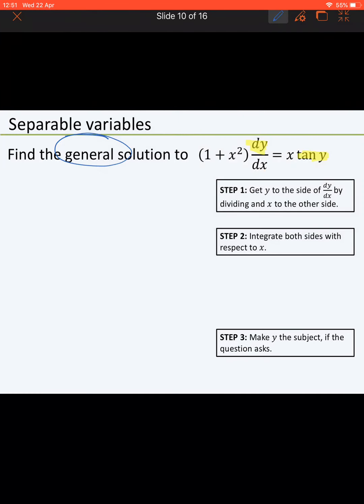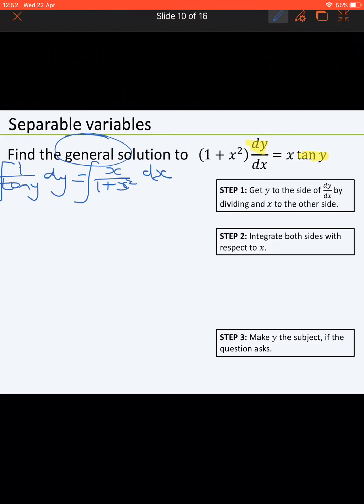So I'm actually going to have to make that 1 over tan y dy, and then I'm going to make that x over 1 plus x squared dx. Now, unhelpfully, I've not left myself very much space, but I am going to have to put my integration symbol at the front of both of those.